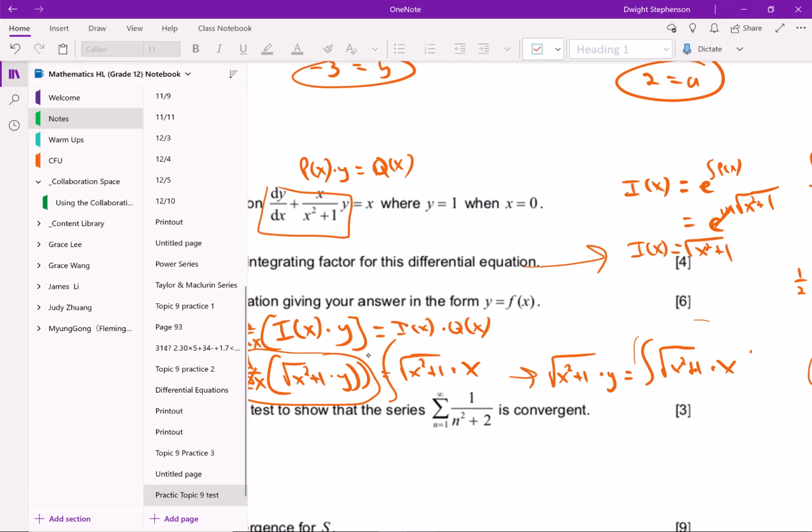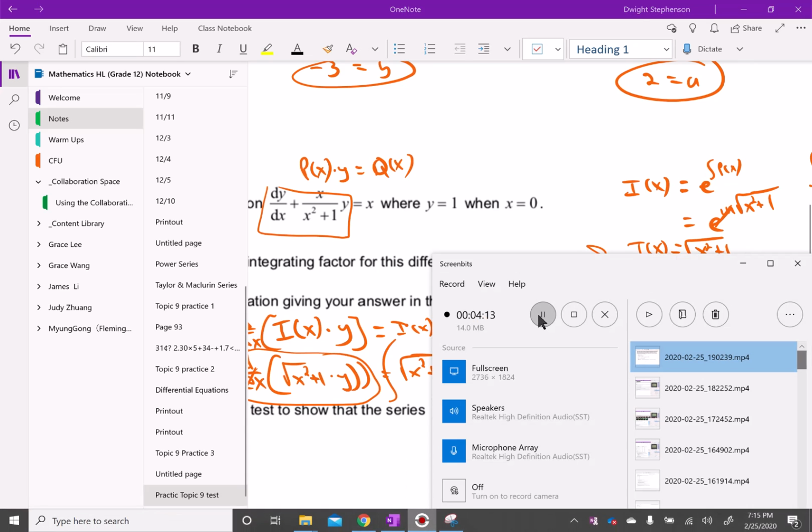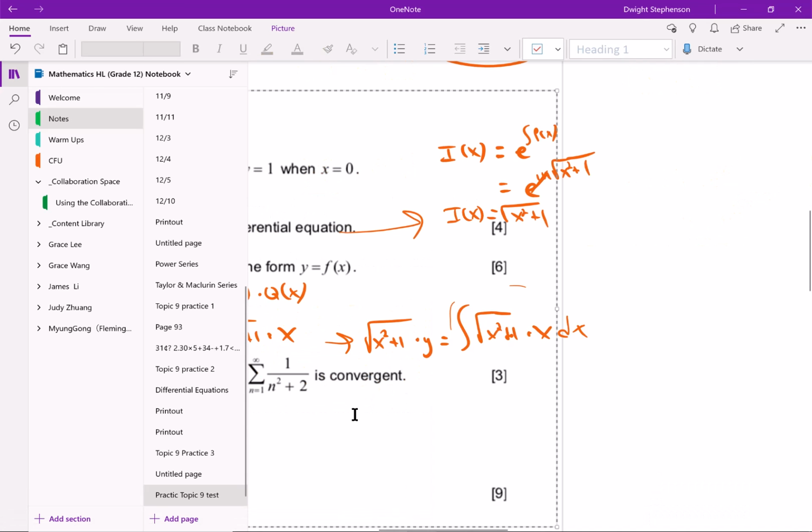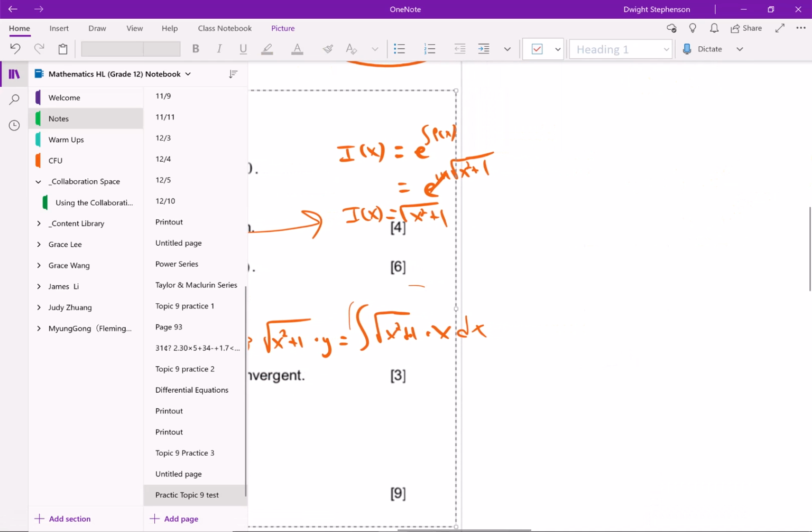And this, we can integrate, not too much trouble. It's going to be another u sub problem. So integrating the right-hand side, again, if it helps to use the u substitution, go ahead and do that.